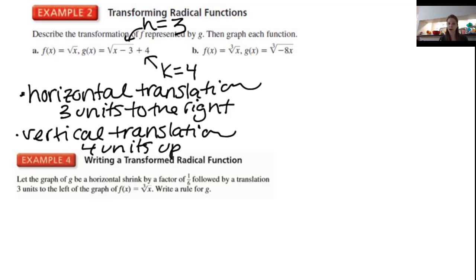And you're welcome to graph these two functions, this in y1, this in y2, and see that it really is a shift, 3 units to the right and 4 units up.